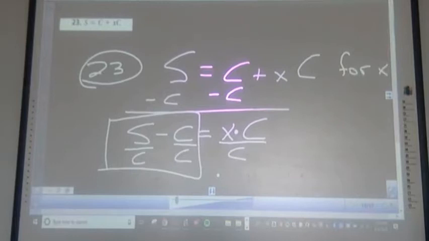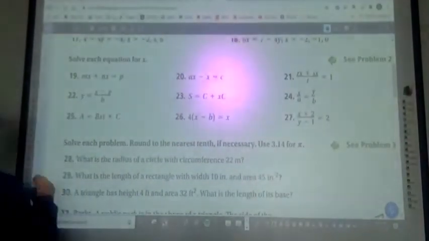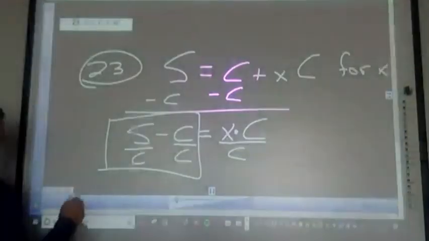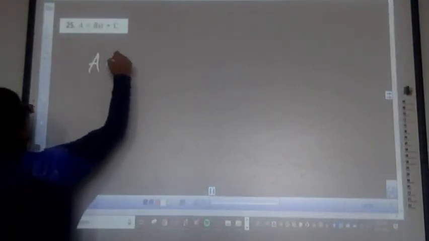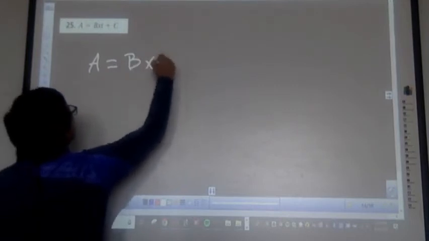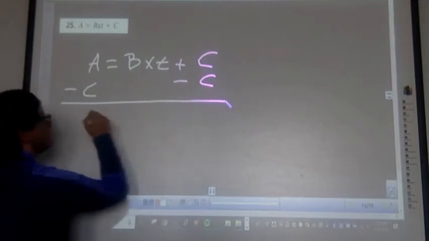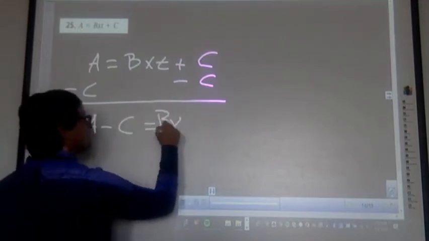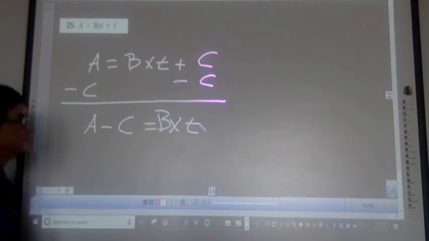So then for 25, a equals bxt plus c. I cover up the bxt, subtract c to get a minus c equals bxt, and then divide by b.